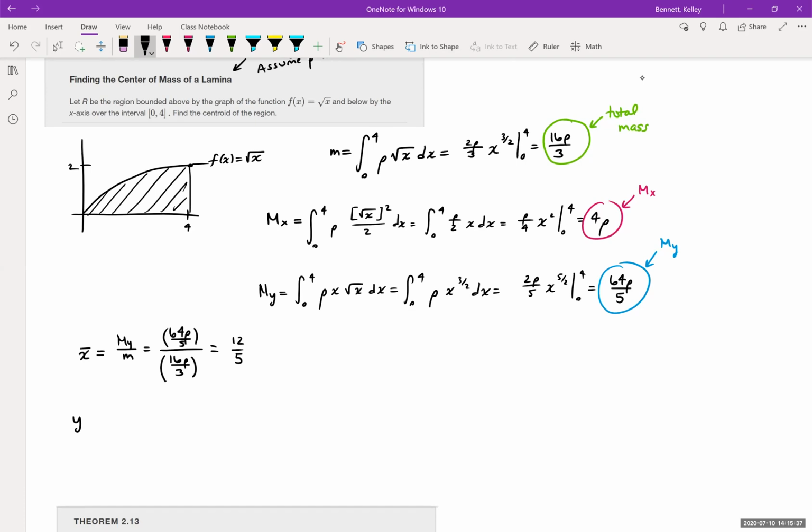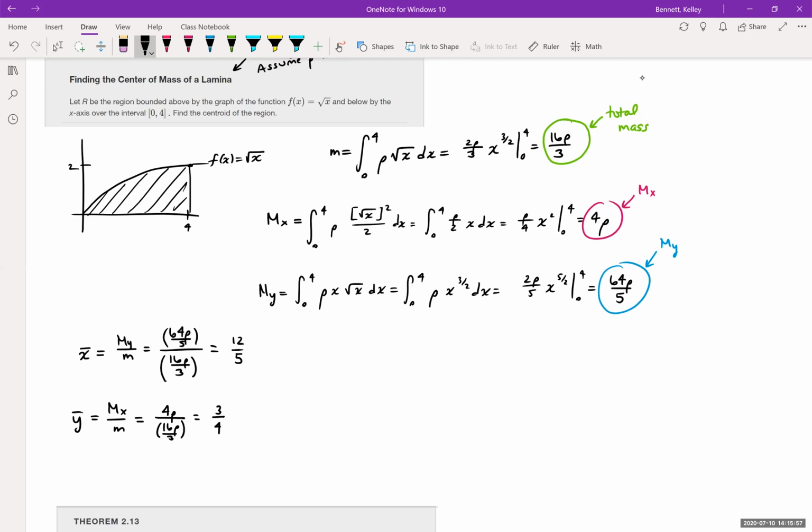And for y bar, we want m sub x over m, which is 4 rho over 16 rho over 3. And this simplifies to 3/4.